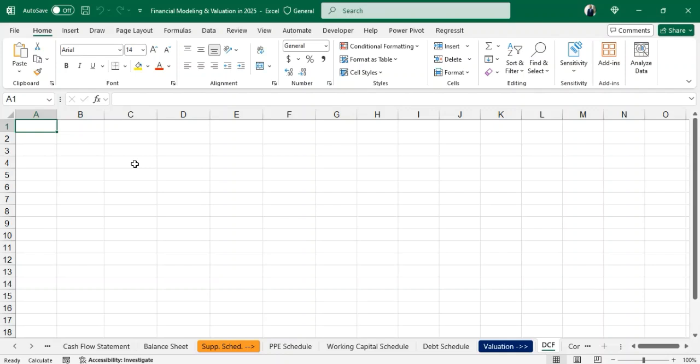We looked at multiples and how they are used to determine the value of a company. We also looked at a general overview of the three main valuation techniques, which include the discounted cash flow technique. We also looked at the comparable company analysis and the precedent transactions analysis, which is also known as past M&As.